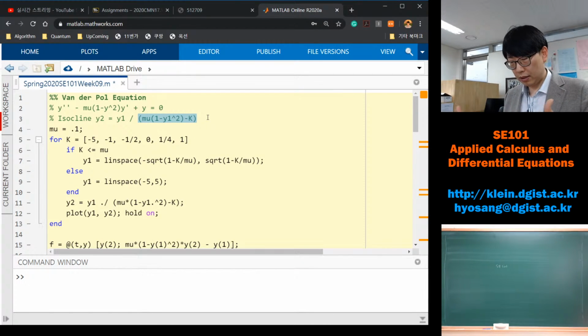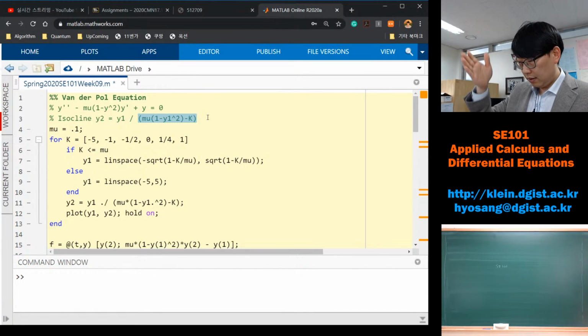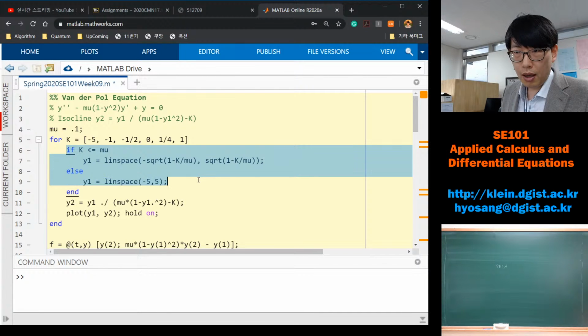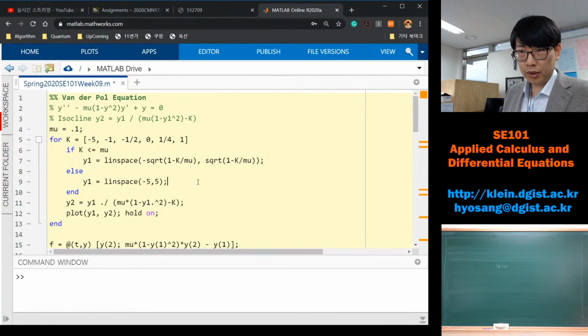It's only because we cannot take the interval of y1 where y2 diverges. It simply doesn't exist. It's like a vertical asymptotic line, and I don't want to draw the vertical asymptotic line. So I set these two cases where there is a vertical asymptotic line or there are no vertical asymptotic lines.